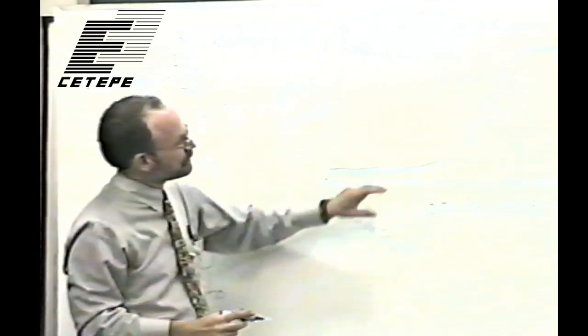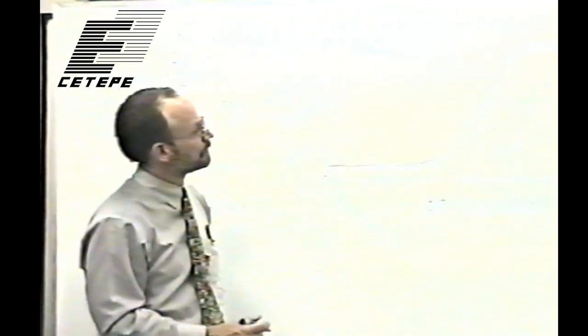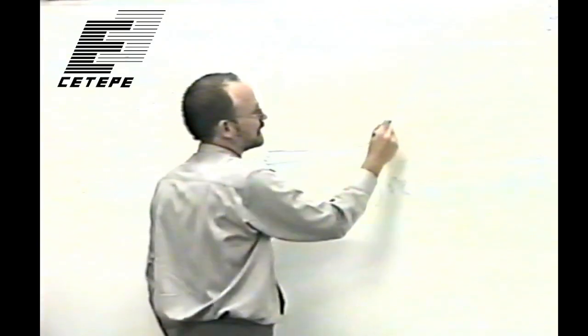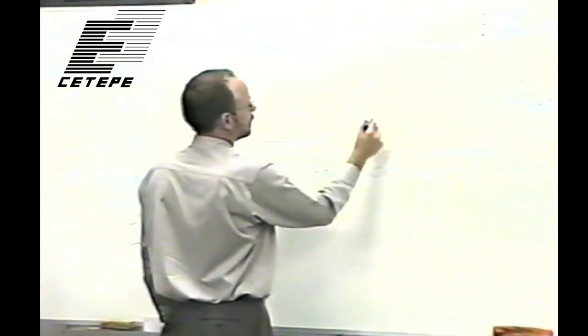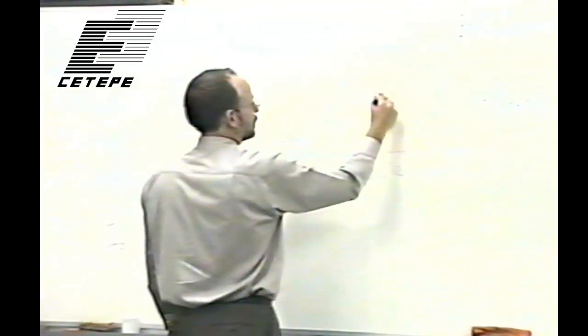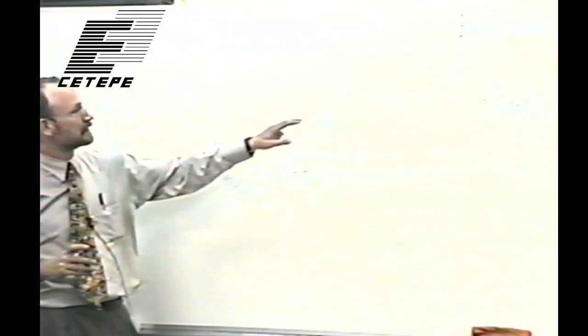Okay. So where you want to expose your film is in this linear region here. And the slope of the central portion of this linear, or almost linear, region is called the gamma of the film. And so gamma, the slope here, is a measure of contrast.